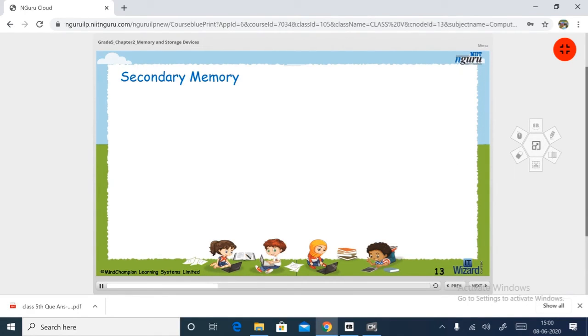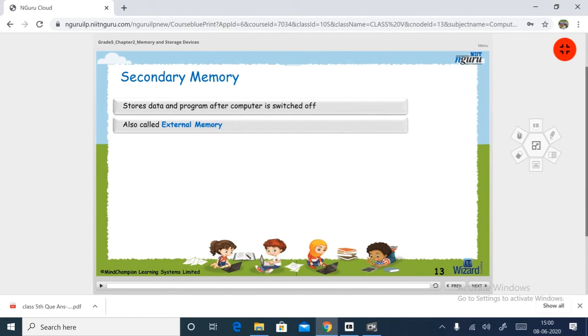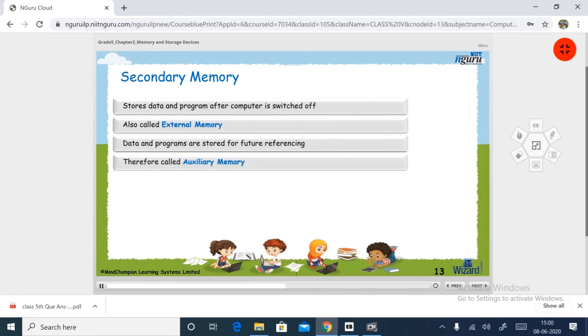After primary memory, here is secondary memory. Secondary memory stores data and programs after the computer is switched off. It is also called external memory. Data and programs are stored for future referencing, therefore it is called auxiliary memory.